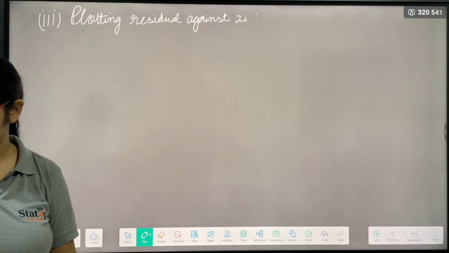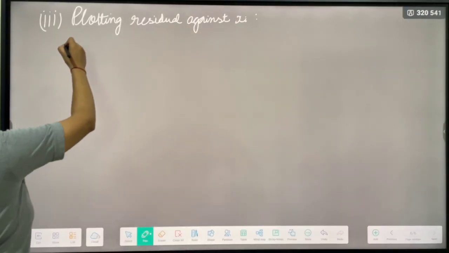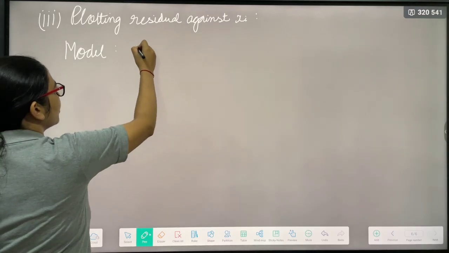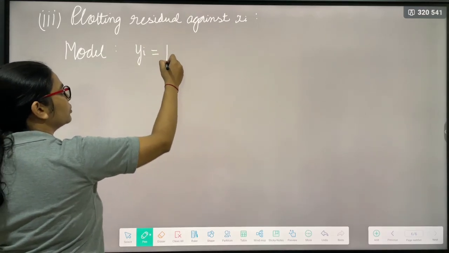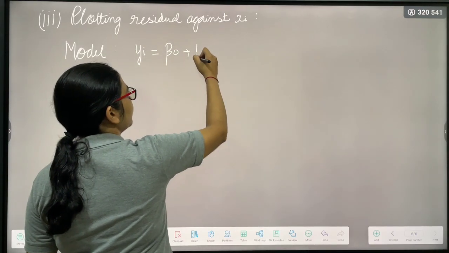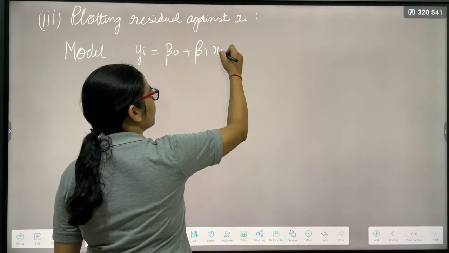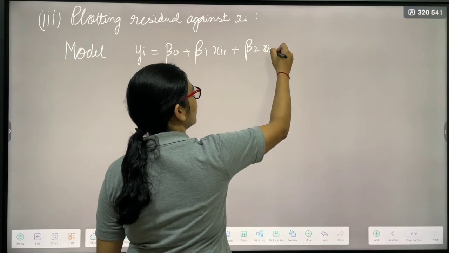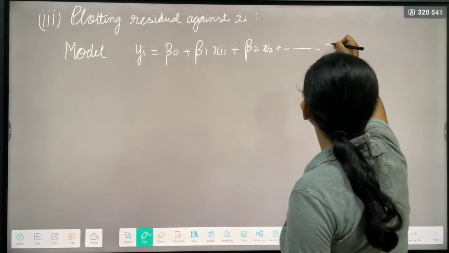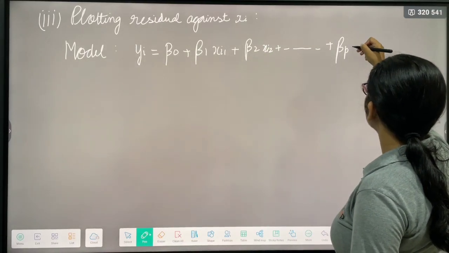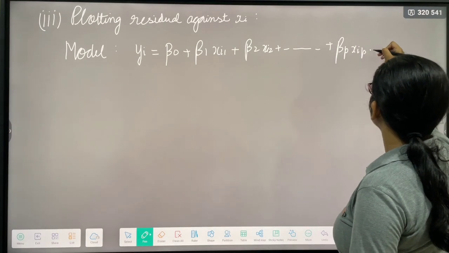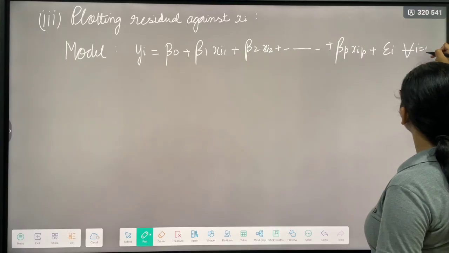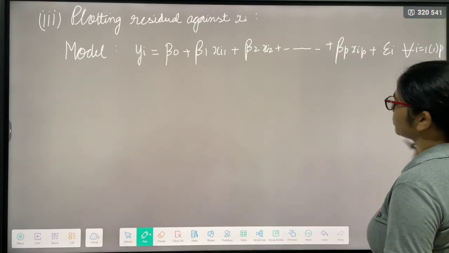If we have to plot residual against xi, then our model is given by yi is equal to beta naught plus beta 1 xi1 plus beta 2 xi2 plus beta p xip plus epsilon i, for all i from 1 to p.